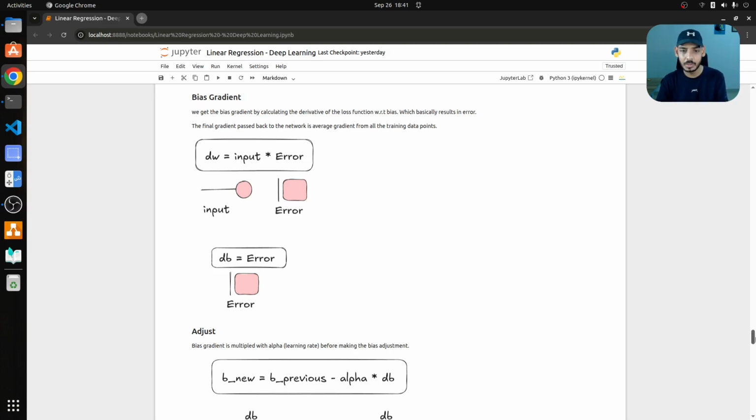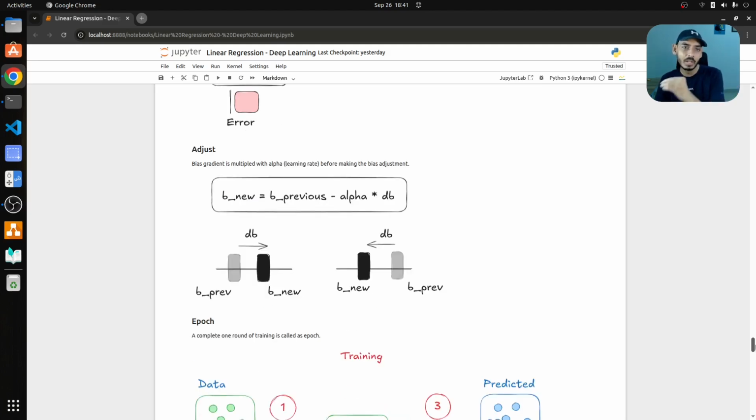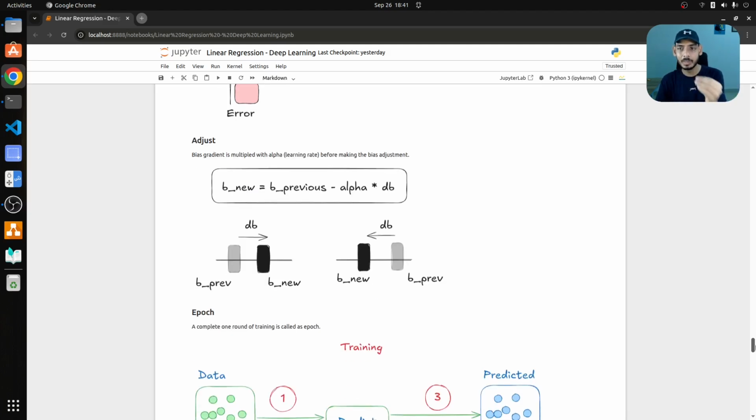Next, we adjust the previous bias value by multiplying the new gradient with the learning rate. Similar to weight updates, if dB is positive, we move towards the negative side, and if it is negative, we move towards the positive side. This is the end of how we update the bias.